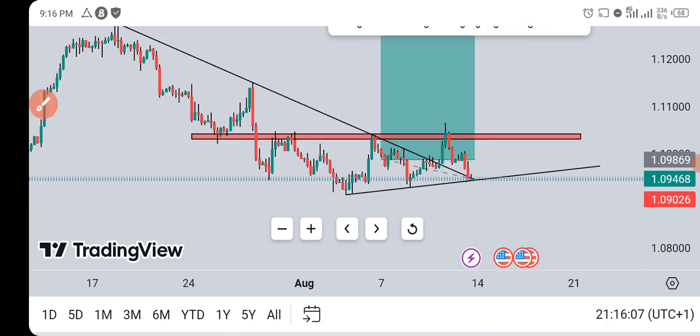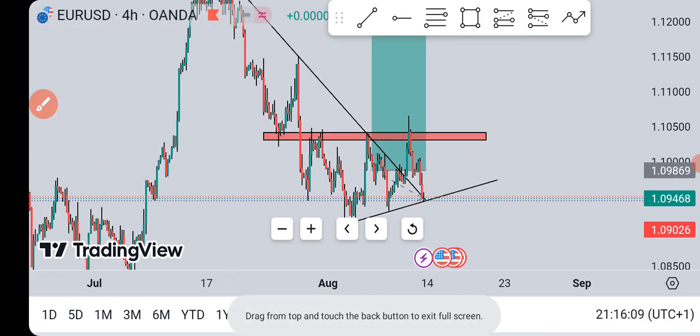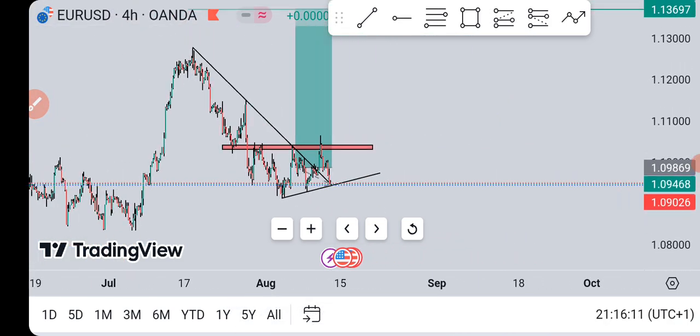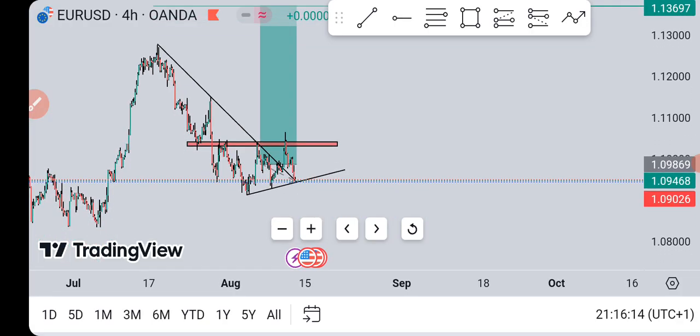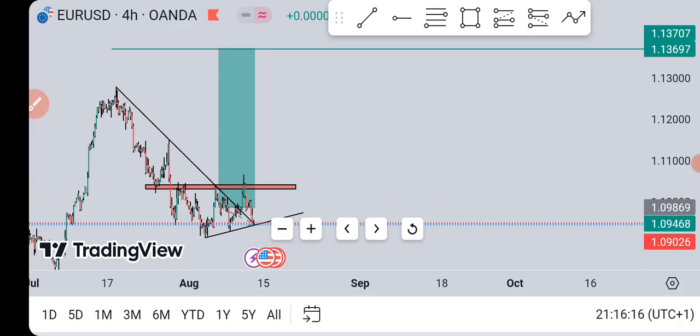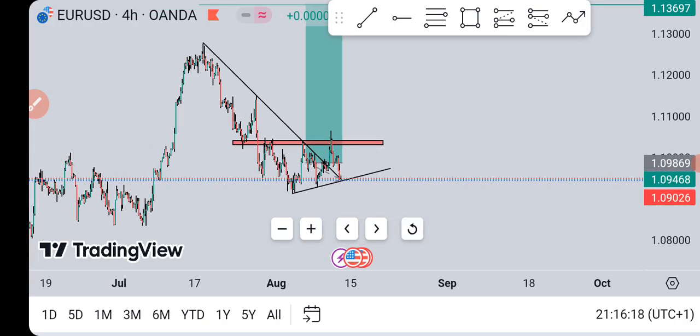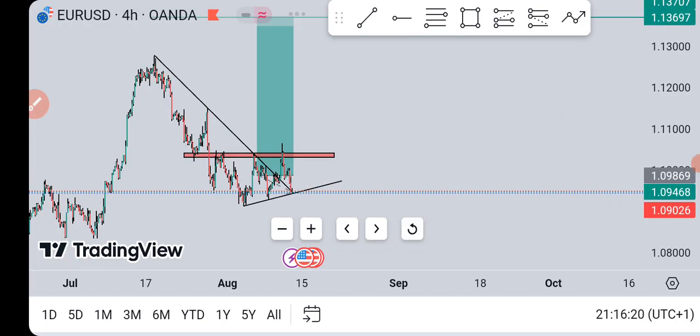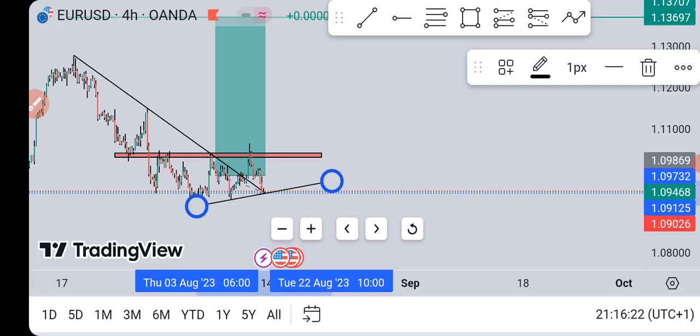Now this trend line will also hold. Let me just tell you guys what will happen to this pair. This trend line will hold. Let me show you.